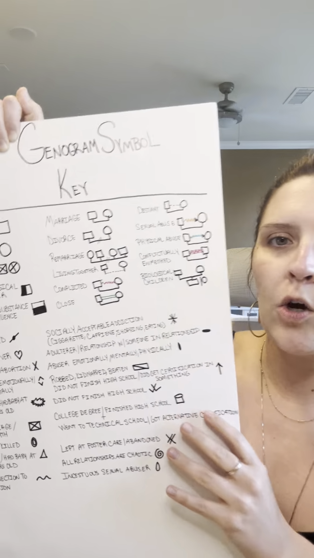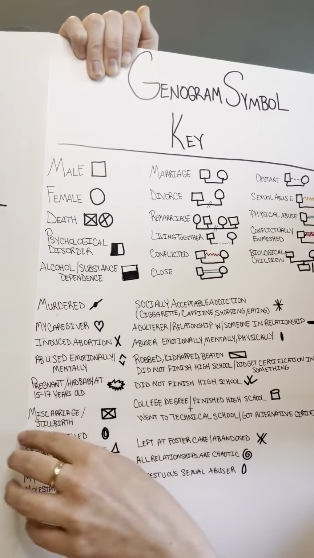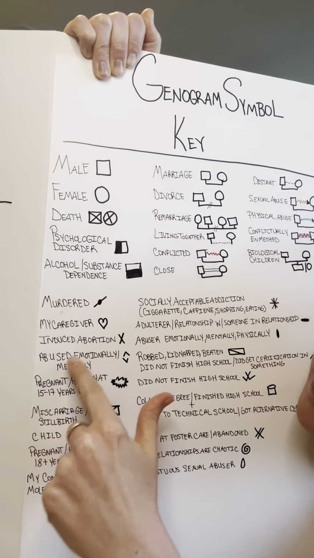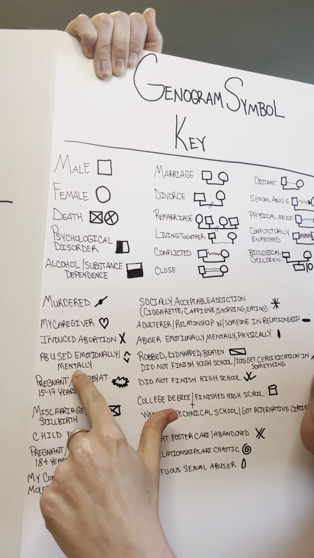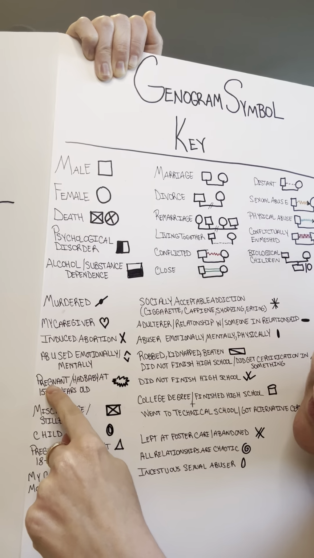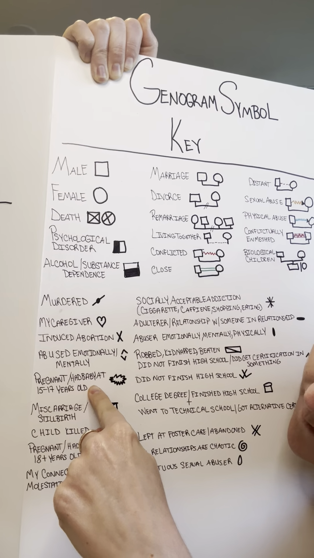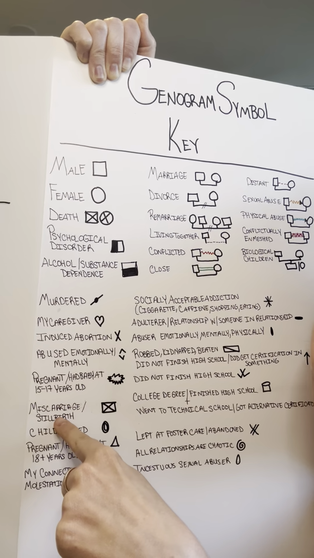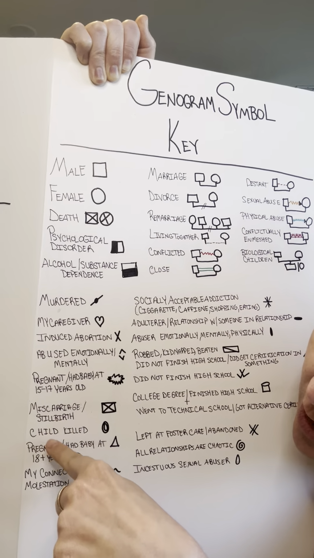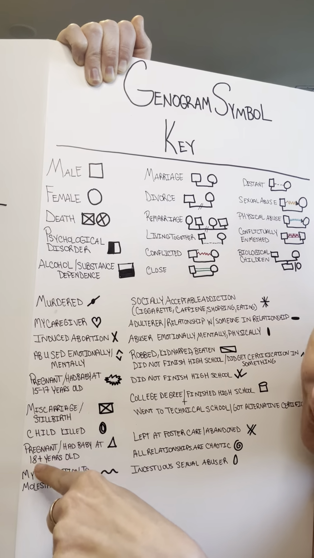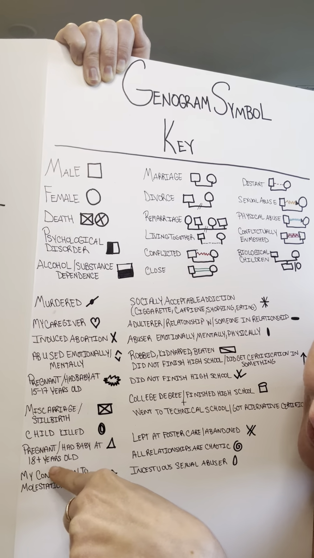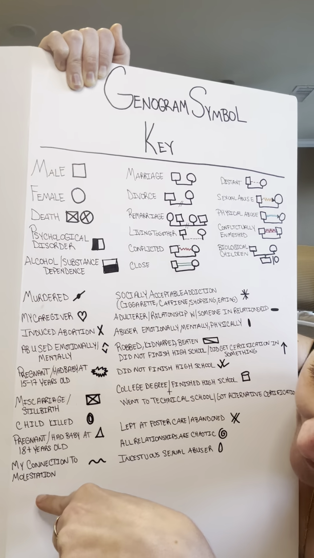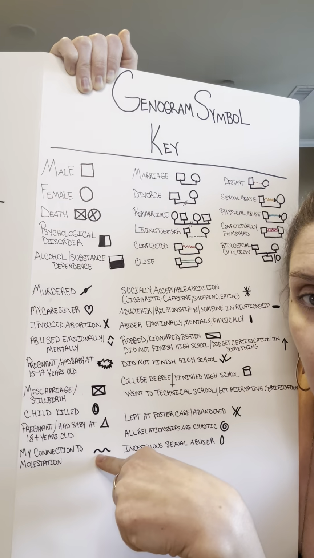Okay, so here we go. This is induced abortion, abused emotionally and mentally, pregnant, had a baby from 15 to 17 years old, miscarriages/stillbirth, child was killed, pregnant, had a baby at 18 plus years old, my connection to molestation.